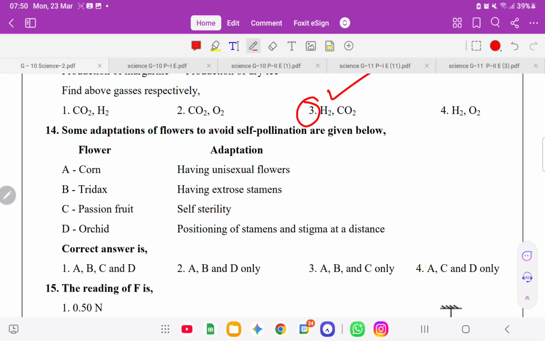14: some adaptations of flowers to avoid self-pollination are given below: corn, tridax, passion fruit, orchid. The correct answer is, so this is definitely something you need to remember. I'm also not sure about some answers.